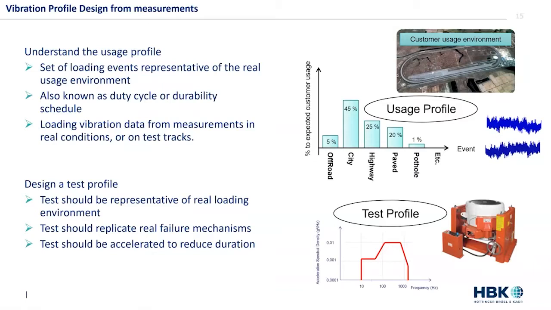And the very fact that it's a PSD means it's random load. In some cases, it might be true. In some other cases, not. So you have to find a representation with characteristics that are representative of the real loading environment, just like you measured it. And the objective is that this test replicates the same failure mechanisms as in real life.